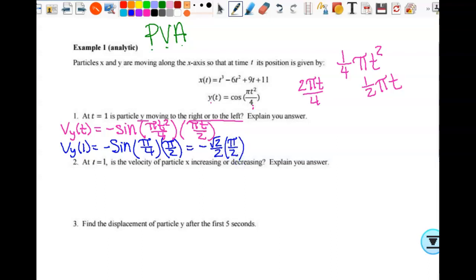Whether I clean that up or not, do I know what the sign of this is going to be? Yes. Okay, so which direction are we moving? Left.